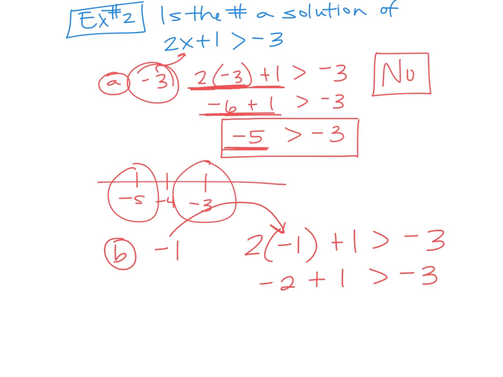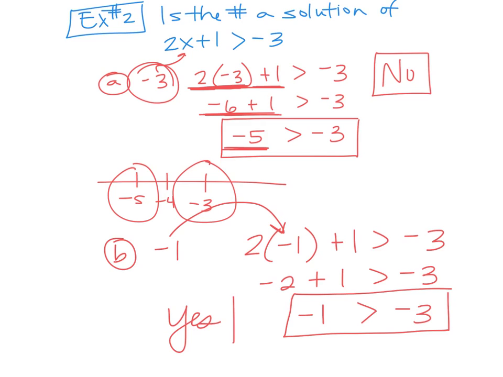What's negative 2 plus 1? Negative 1. So is negative 1 greater than negative 3? Yes, it is. If you think about a number line, that works out. So your answer would be yes, negative 1 is greater than negative 3. Okay, so when they ask you, is it a solution, they're just asking you to plug the number in and simplify. Okay?